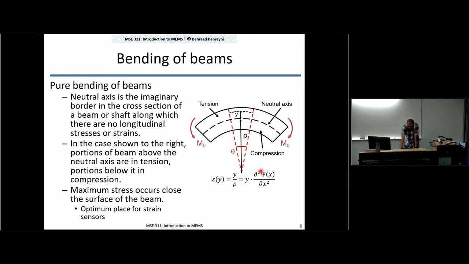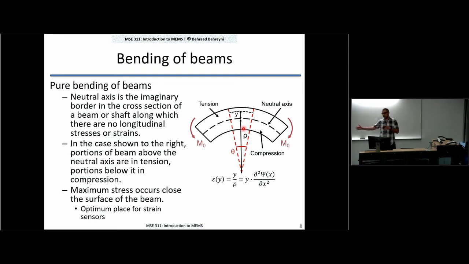Now, what this tells you is that this strain at a given location, at a given x, the closer you are to the surface, the higher is the strain. So if you go to the top surface, it's going to be the largest positive strain. If you go to the bottom surface, it's going to be the largest negative strain. What that means is that if you want to measure strain in this structure, these are the optimum places for your strain gauges, right?